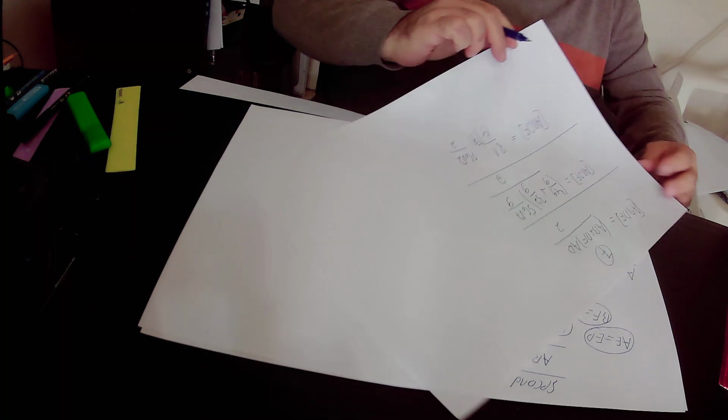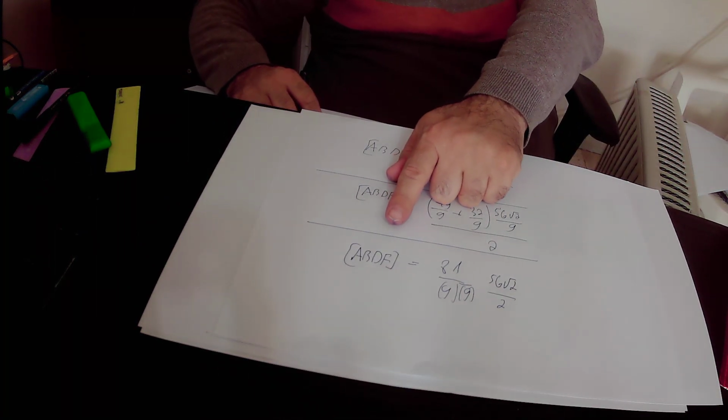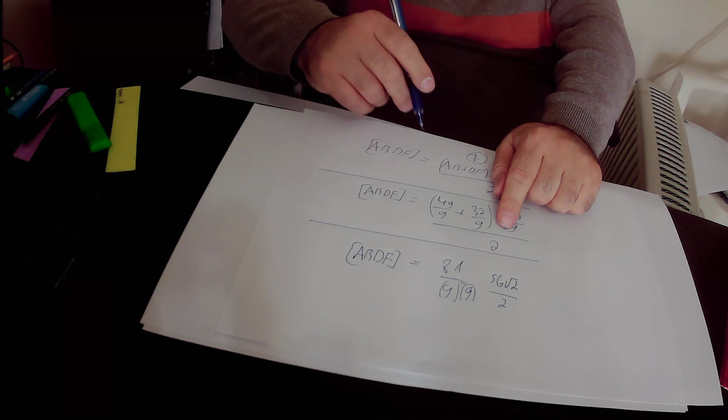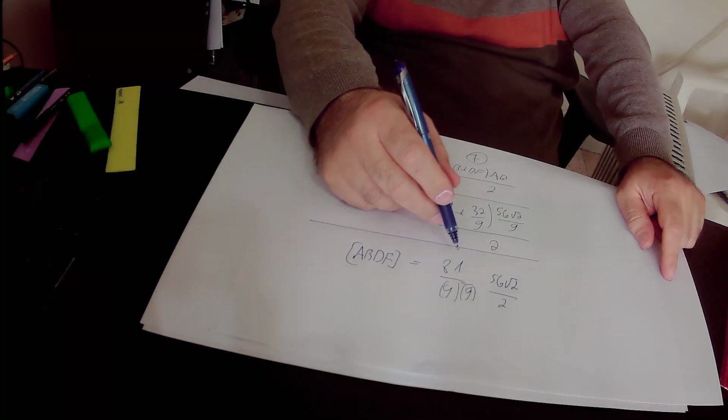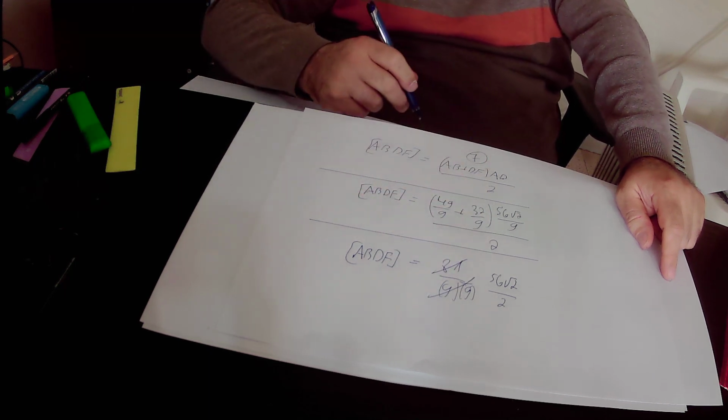Okay, so the area of the green shape or trapeze ABDF equals 9 times 9 is 81. 81 over 81 is 1, so this expression will get cancelled.